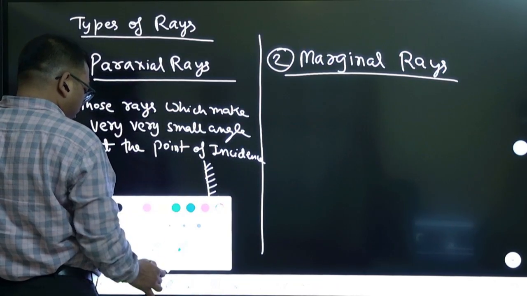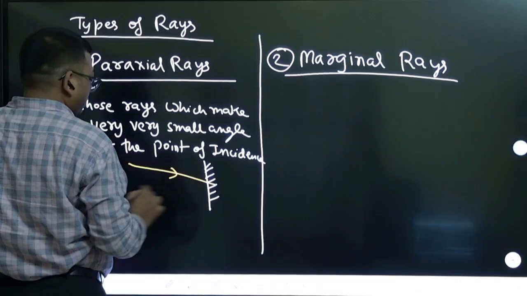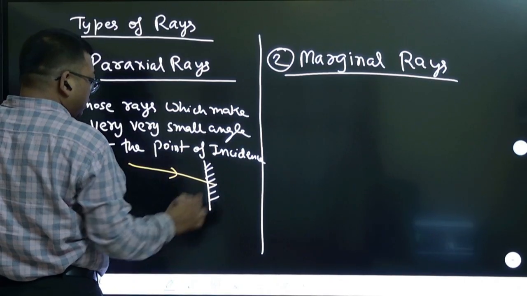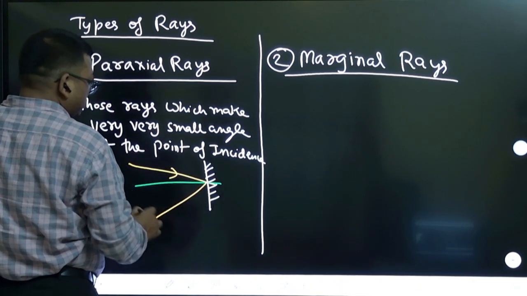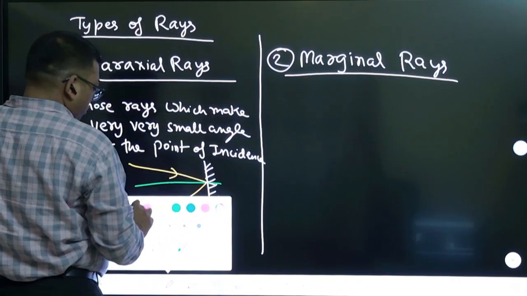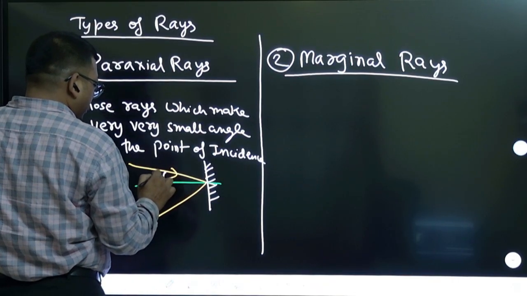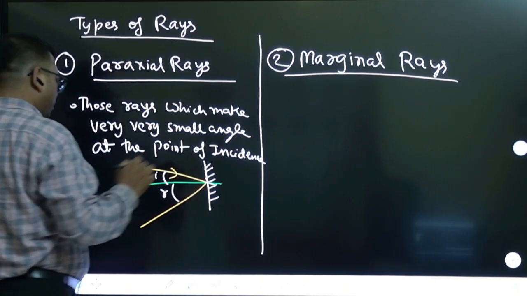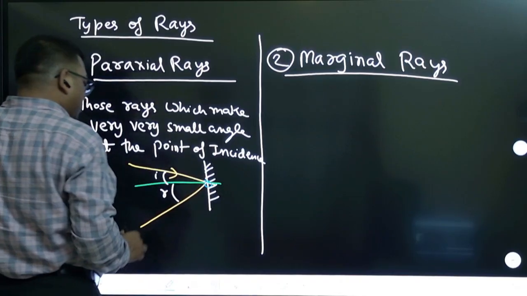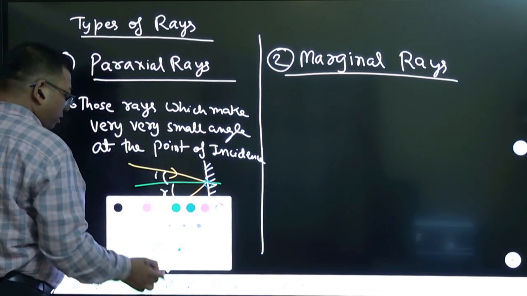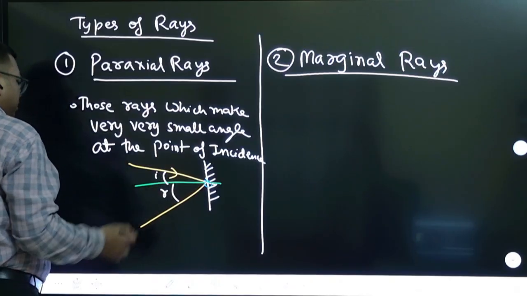Suppose the rays are coming this way and you draw the normal here, and you know the ray will reflect like this. If I call this angle I, this angle is R, you know that. So the angle I is the angle of incidence, R is the angle of reflection.